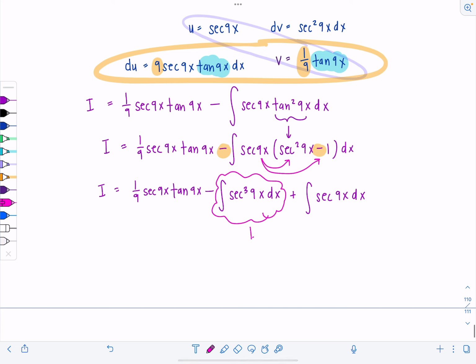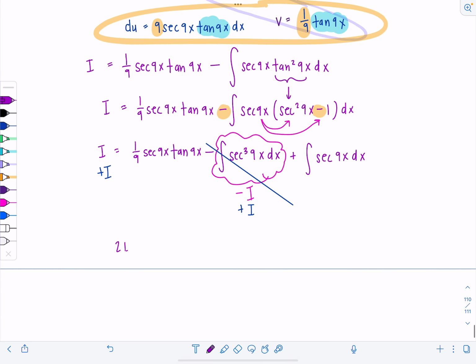So that's basically minus an I that we have over there. Well, let's add I to both sides. I'm going to add it over here. Now this is gone. Now on the left I have 2I equals 1/9 secant 9x tan 9x plus integral secant 9x dx.